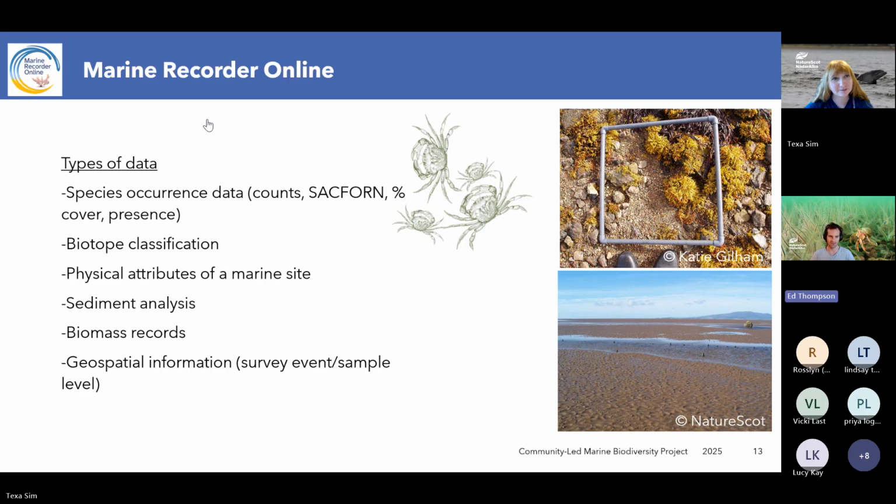And whilst we're doing that, we can also have a lot of updates to what data can be entered and how it can be entered. I'm telling you this because it has an impact in terms of how we actually accept data as NatureScot, and consequently how we accept data from community groups.